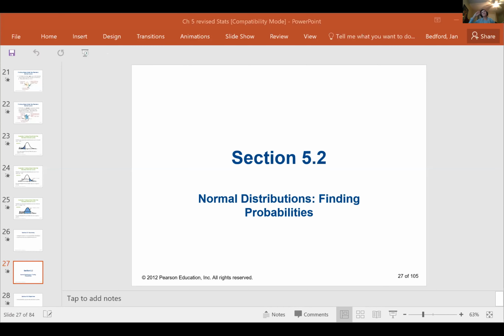Okay, so in 5.1, which is what we covered on Tuesday, we talked a little bit about that normal curve, that bell-shaped curve, and the fact that if it's been standardized, kind of like how they standardize scores on an ACT or an SAT test, then they are able to take whatever the data is, and they're going to say the mean is 0.